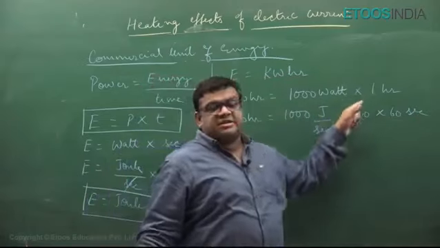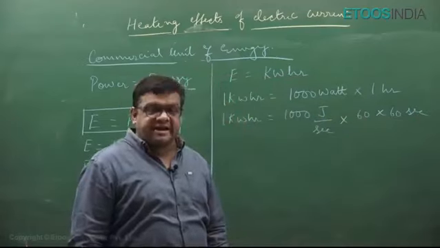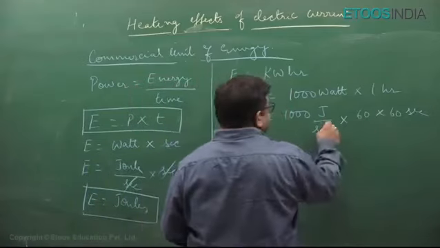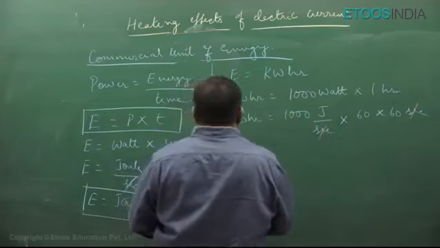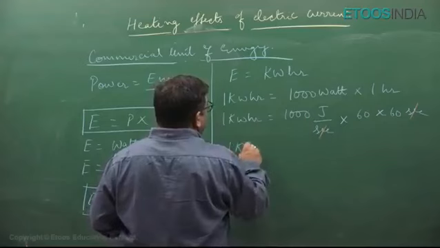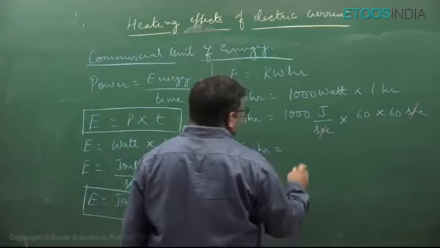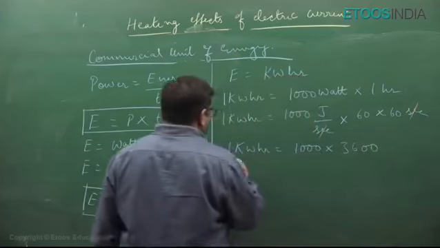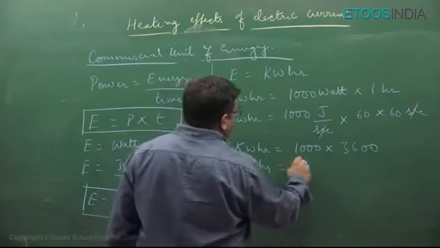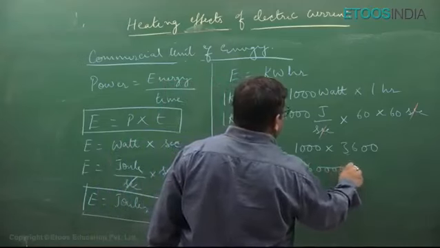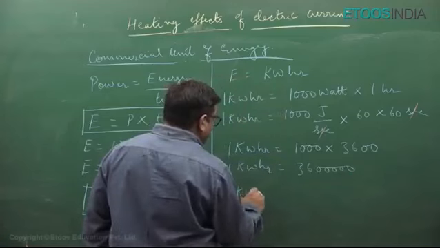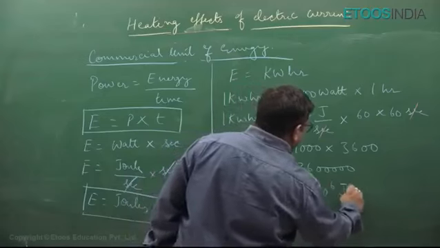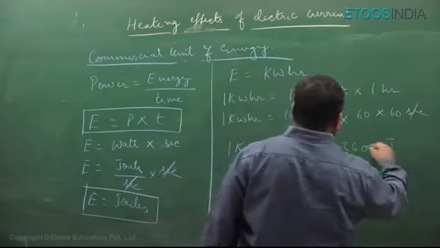We know that in 1 hour there are 60 minutes and in 1 minute there are 60 seconds. So I'll simply multiply it by 60 and 60. So the second gets cancelled here. Got it? And 1 kilowatt hour will be equal to 1000 multiplied by 3600, or 3.6 into 10 raised to power 6 joules.